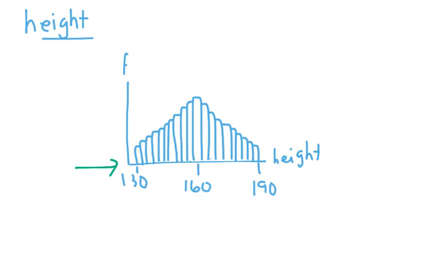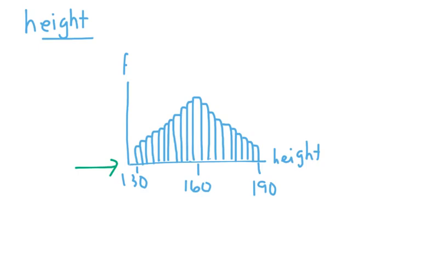We know that for the height, we can have any value in the interval because it's a continuous variable. We can have 130 cm, we can have 130.00001 cm, we can also have 130.01 cm, and we can also have 130.1 cm.